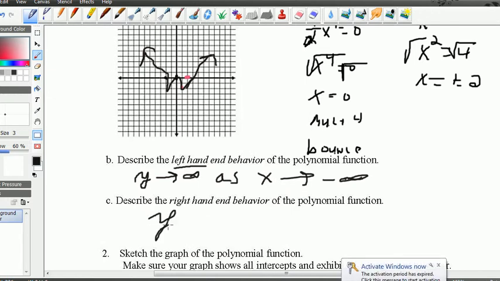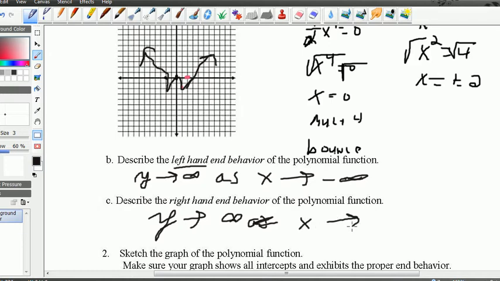What is y doing on the right-hand side? Y is going up. So y is going to infinity as x is going to infinity, because the question is right-hand end behavior. We're going to the right.